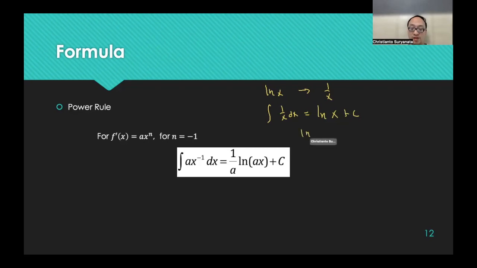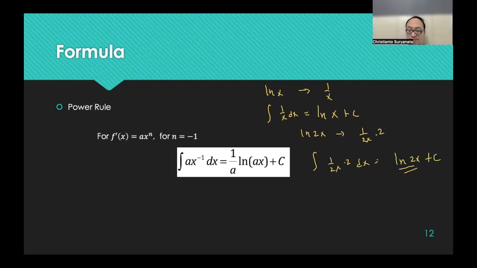If I have ln 2x, the derivative will be 1 over 2x times 2. So the opposite way of this is ln 2x plus c.